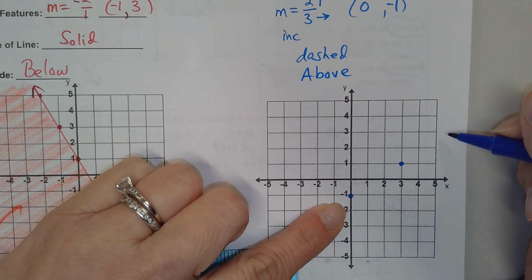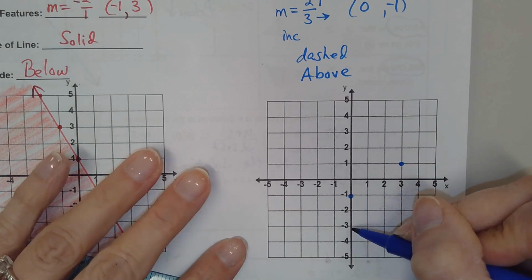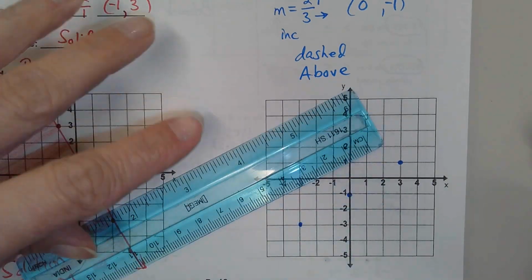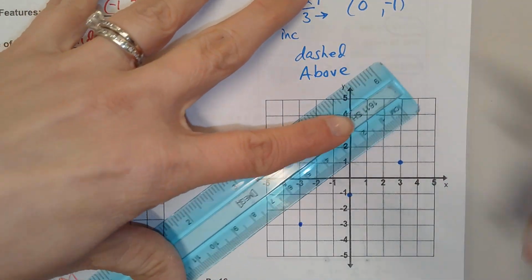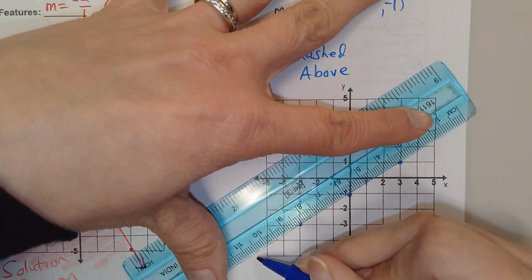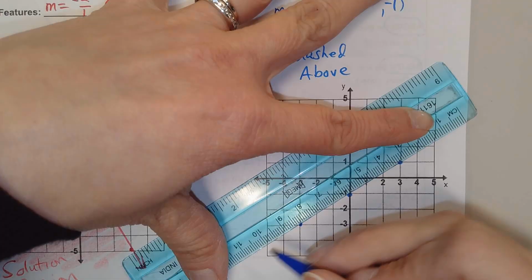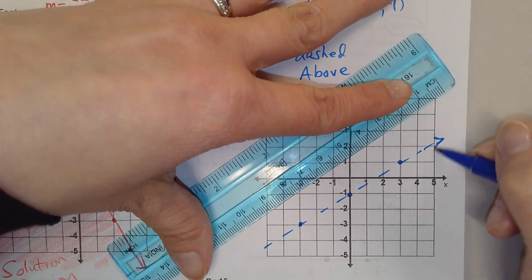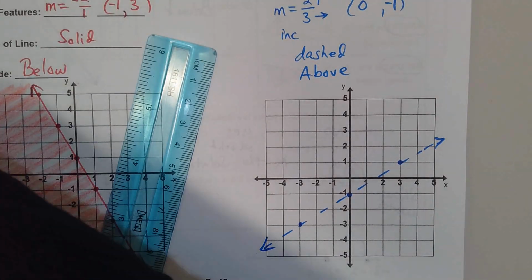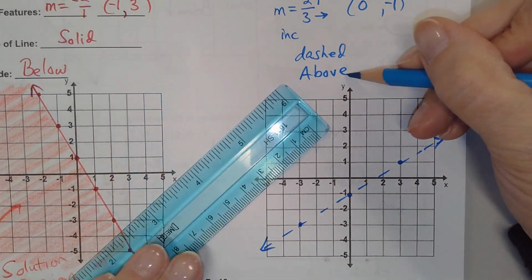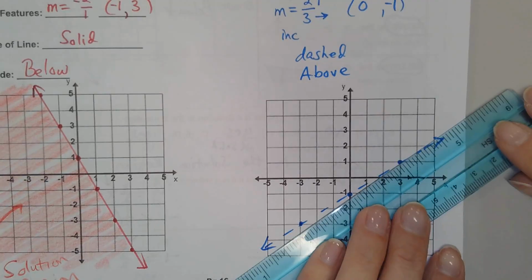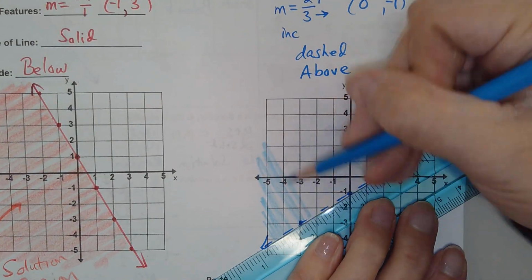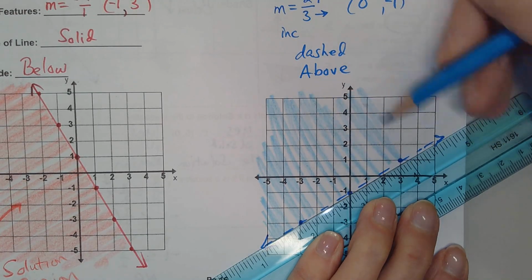I can't fit any more, but I can go down 2 over 3. Okay, what type of line? A dashed line. Get your points lined up. Dash, dash, dash. And it says to shade above, so we will color everything going up. This is the solution region.